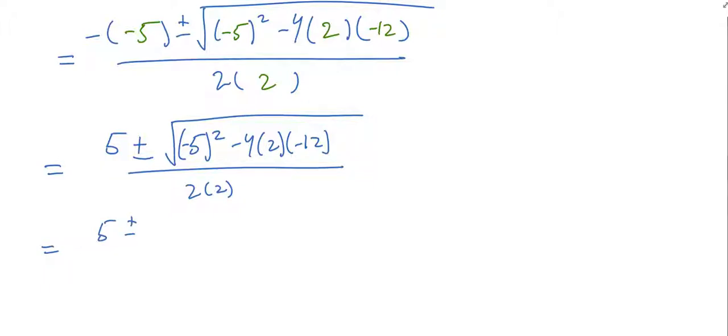What do you get under the square root sign? 121. And then all of it over 4. 2 times 2 is 4. Very good. Other people get that? 121?